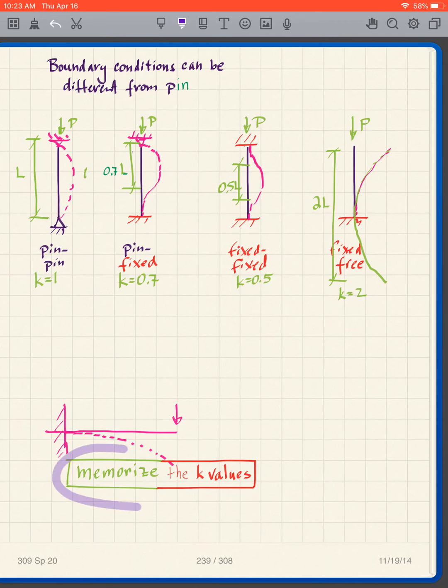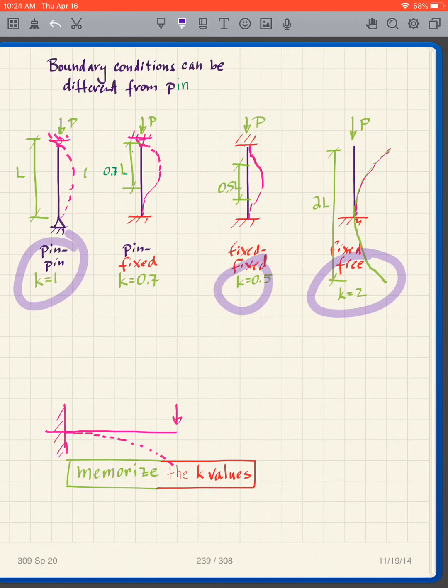I want you to memorize these K values. They're pretty straightforward. You have the easy ones. You have the K equals 1, that's our base case. The K equals 2, that's an easy one. And the K equals 0.5, that's the fixed. The only hard one to memorize is the pin-fixed, which is a K of 0.7.